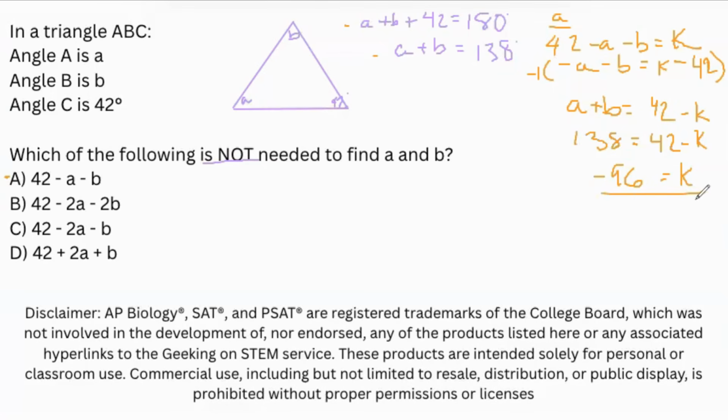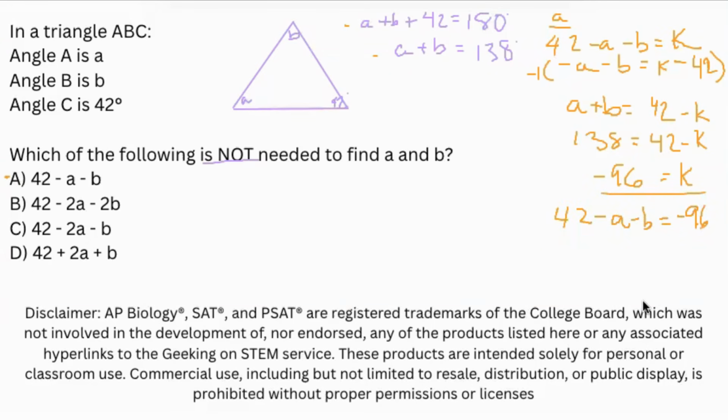Because we have negative 96, we can plug that back into this top part right here, the original equation, to say 42 minus A minus B equals our new value of negative 96. Bring minus 42 to both sides. I'm going to erase to give myself space here.